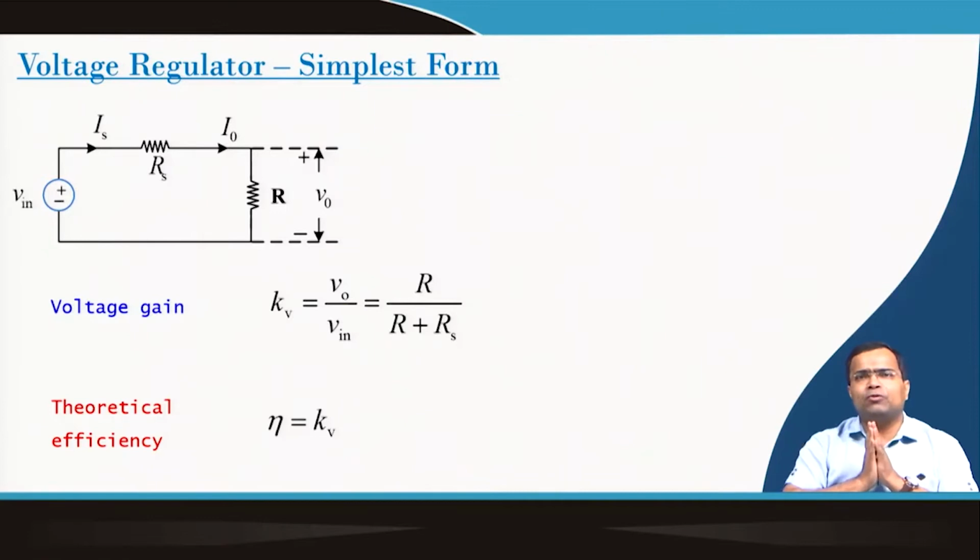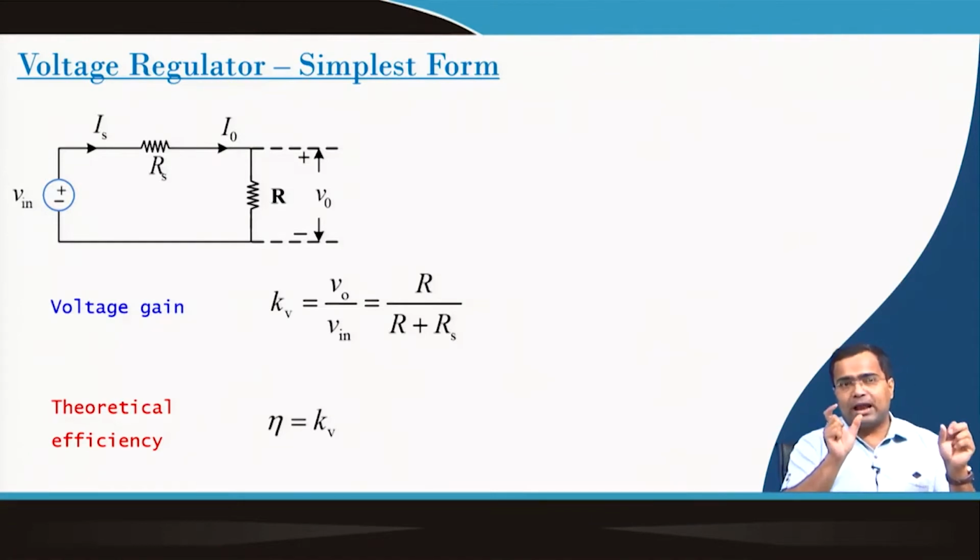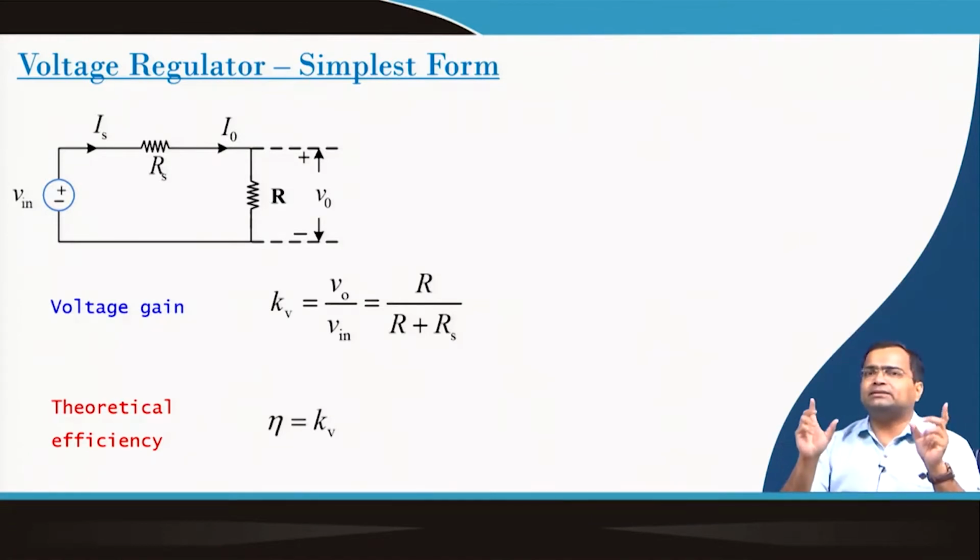That means, if you want to achieve higher voltage conversion, your efficiency will get degraded significantly, because most of the voltage drop across the Rs will be dissipated as heat energy.